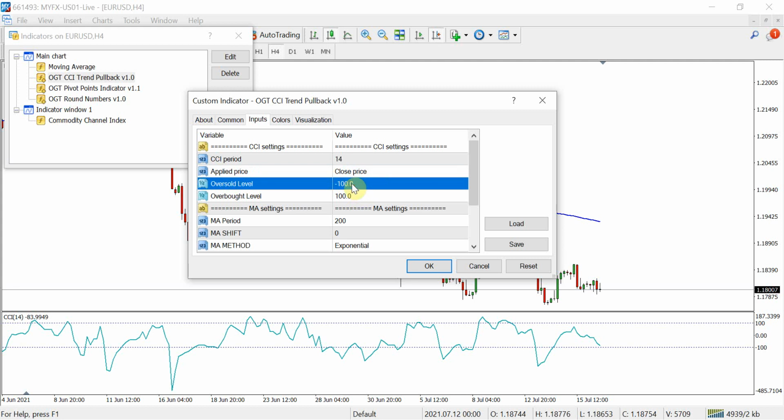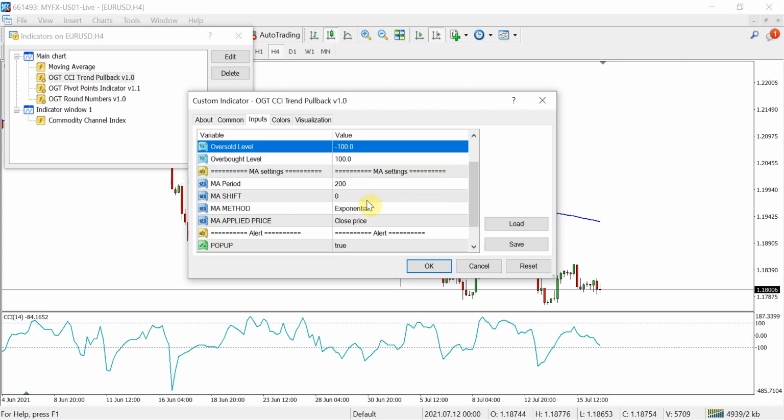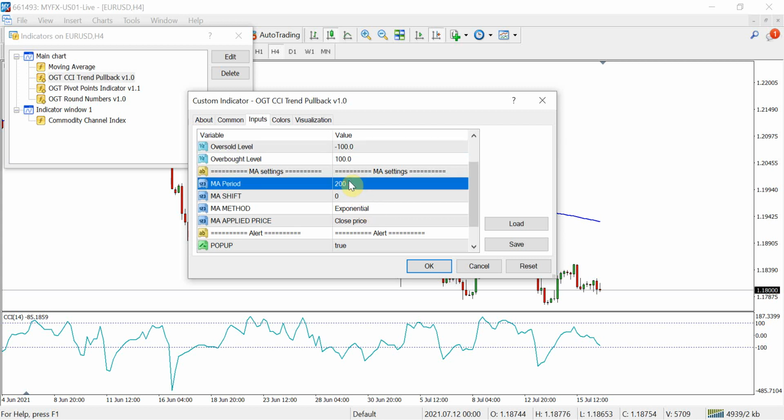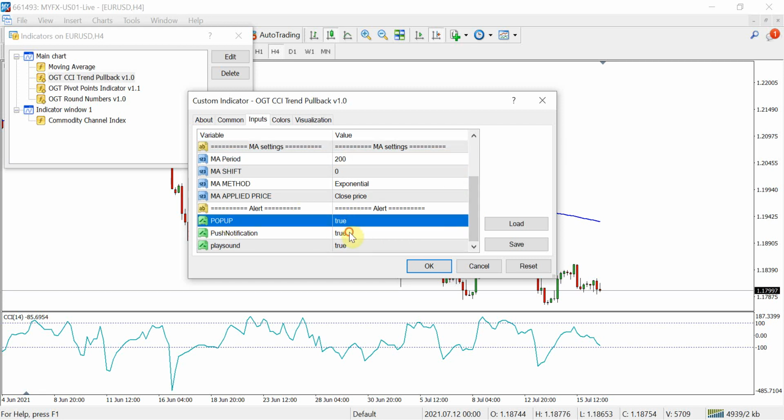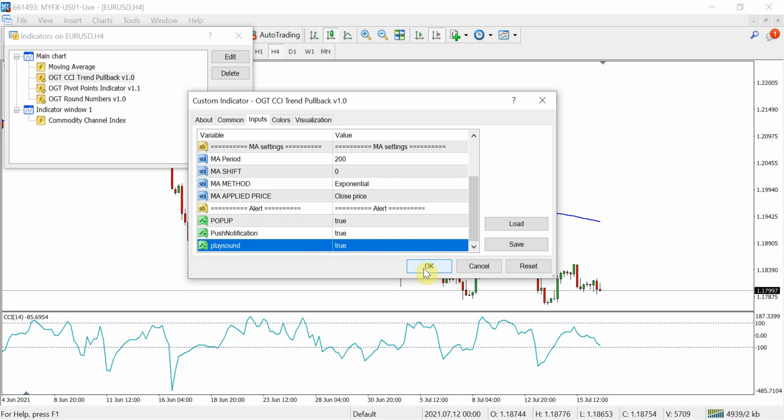Then, as I said before, you've got your oversold and overbought levels. It also utilizes a moving average for filtering signals. We'll only look for overbought or oversold signals depending on whether you're above the MA or below the MA, and the default is the 200 exponential moving average. And again, you've got your traditional pop-up alerts and alert sounds as well.